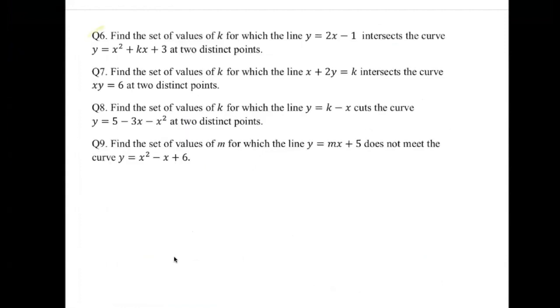I want you to first try question number 6 and then question number 9 as well. Question 6 and question 9. Sir, we don't need to write the question, yeah? No, don't write the question, or just take a picture of it.